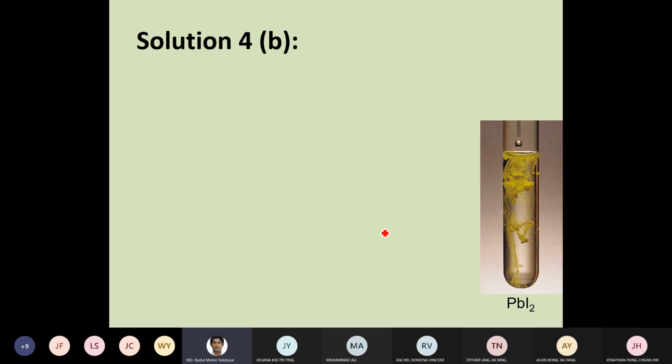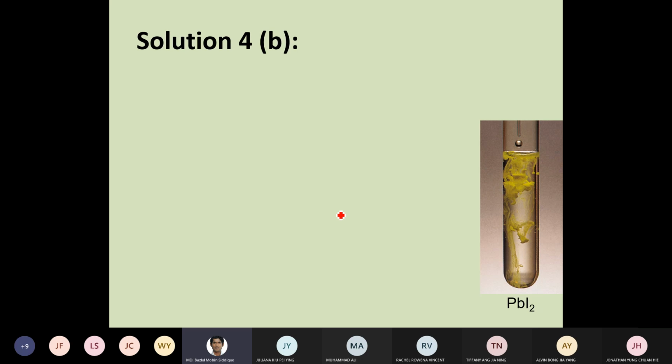Now, since we understand that some chemicals will produce precipitation, and precipitation means there is solid formation in the solution, that solid is standing out or precipitating out of the solution, right?